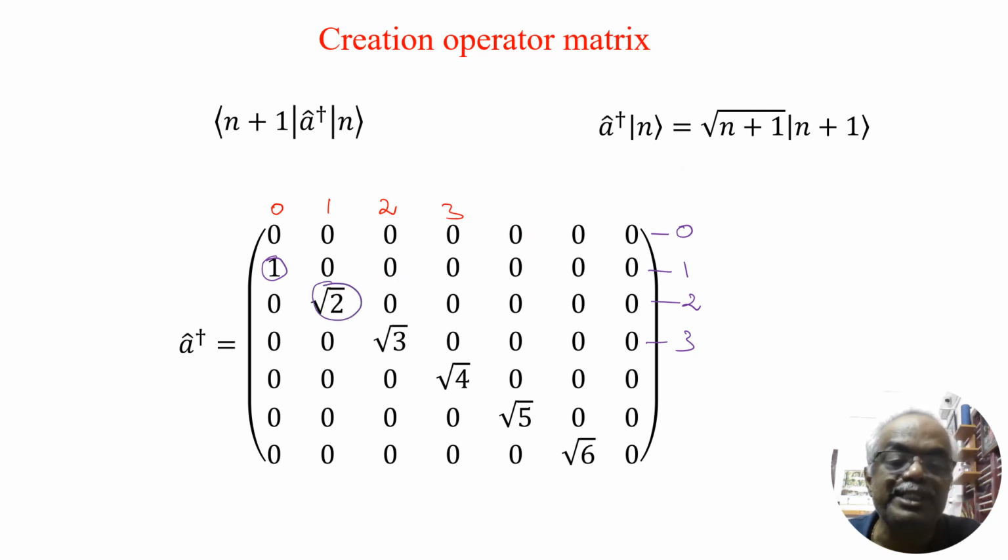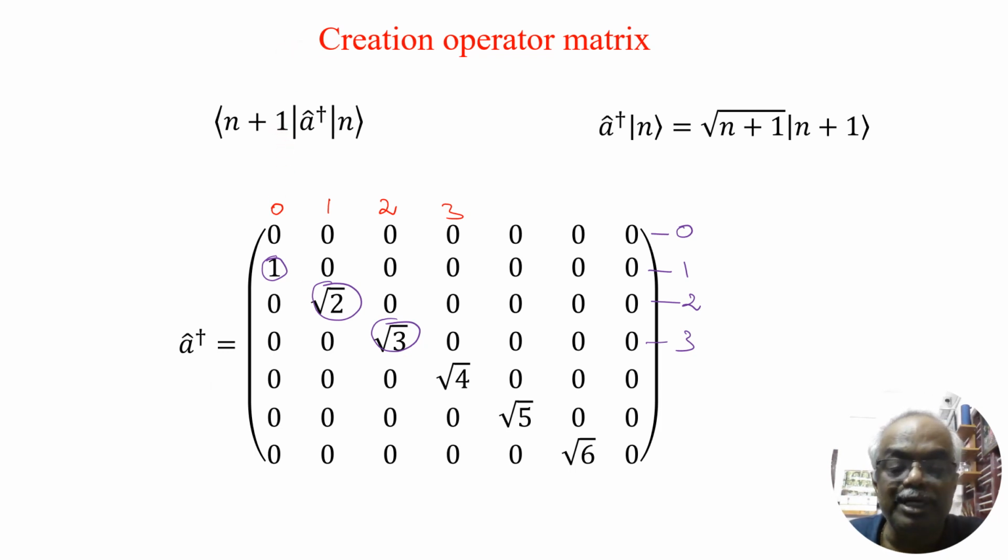So this will be 3, that is second column and third row, because when n equal to 2, this is 2 plus 1, 3. Third row, and 2 is the second column. Square root of 3, it will go. So you will get diagonal elements 1, square root of 2, square root of 3, square root of 4, 5, 6 and so on. Then if it is n plus 1, what will happen?